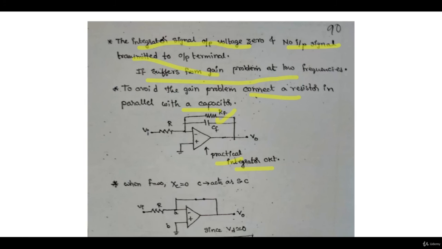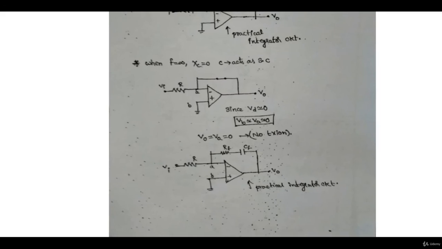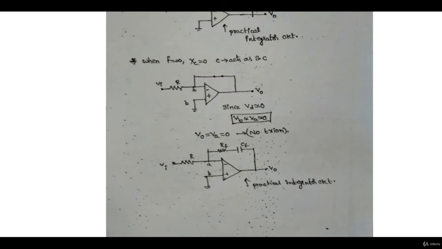Now if we look at high frequency in this circuit, Xc will be 0, meaning it will act as a short circuit. For high frequency, the capacitor will act as a short circuit, and V0 will be equal to 0, no transmission will be there, because this is connected to this point.